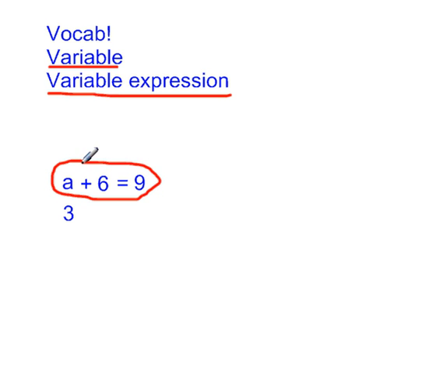It's when you have an expression or an equation that is using both a variable and an operation, which in this case is addition, and numbers. So when you have those three things, you've got a variable expression. A variable, some operation, be it multiplication, division, addition, or subtraction, and numbers.